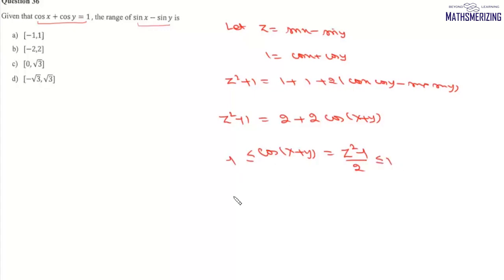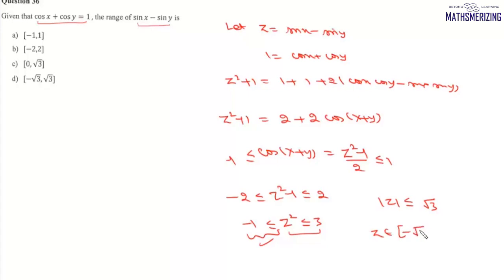So from here we can write z square minus 1 will lie between minus 2 and plus 2. Then we can write z square will lie between minus 1 and 3. This is true for all the values of z, and from here we can write mod of z is less than equal to root 3. That is, value of z will lie between minus root 3 and plus root 3, and that's your option number D.